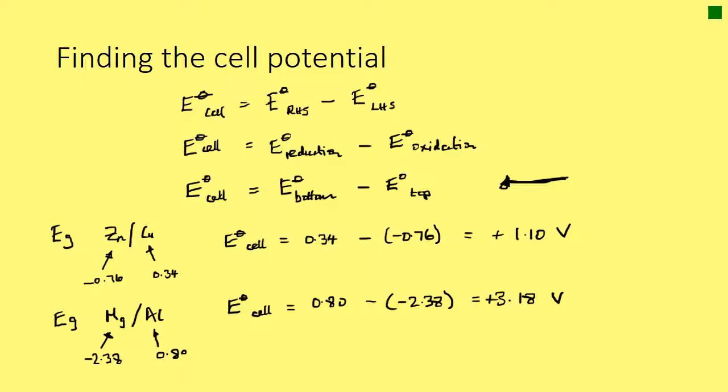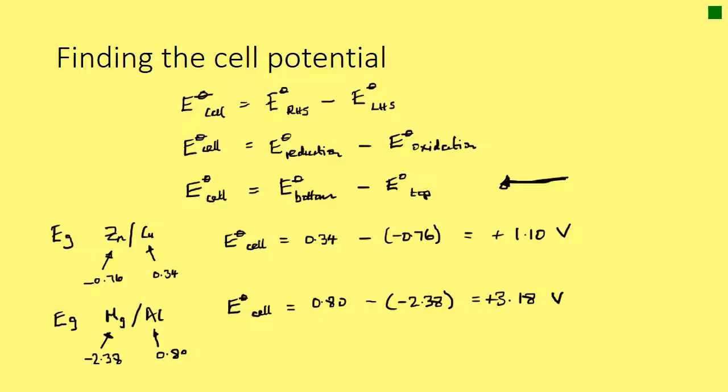And just for the sake of completeness, why don't we do one more example? Let's do an example of magnesium and aluminium. When we look at the electrode potentials in an electrochemical series, for magnesium you're going to find minus 2.38, and if you looked up aluminium, you'd find that as 0.8. So the magnesium goes on the top and the aluminium goes on the bottom.